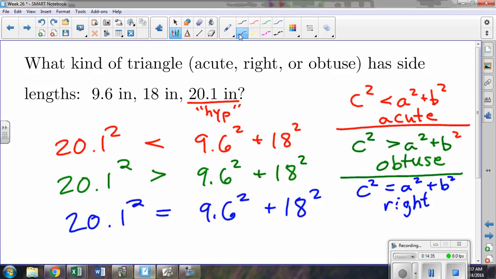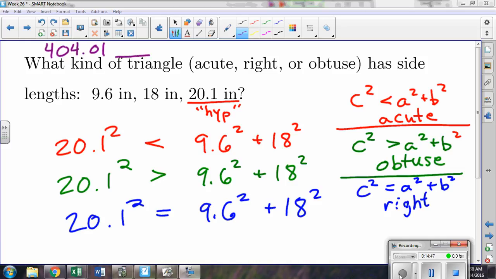What is 20.1 quantity squared? Using the calculator, Frankie told me it's 404.01. And we're going to compare that to 9.6 squared, which is 92.16, plus 18 squared. That's 324.